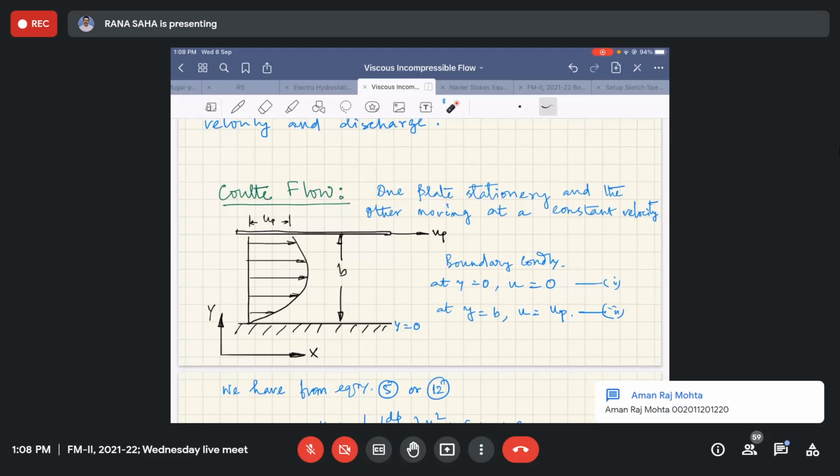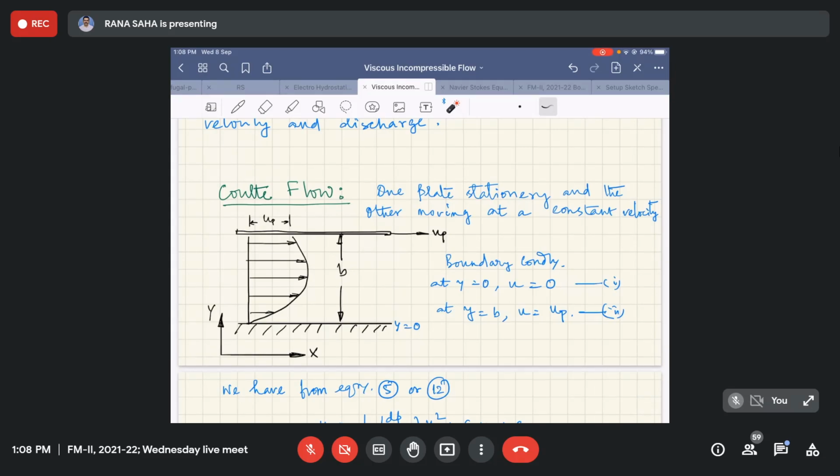Even if it is the stationary plate or the moving plate, the bottom one, it doesn't matter. You can always have velocity equals 0 at y equals 0, but the condition is that you need to fix your coordinate frame with the bottom plate.